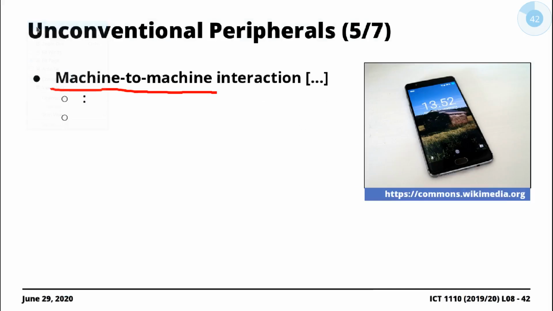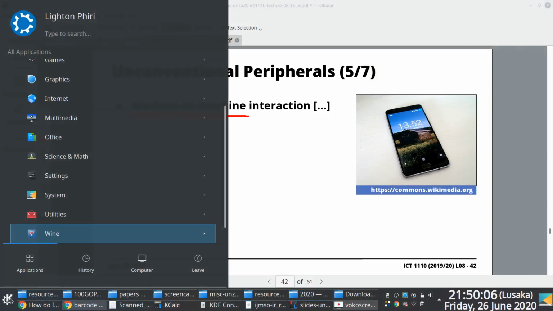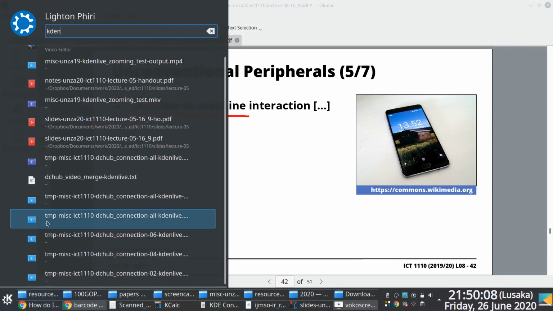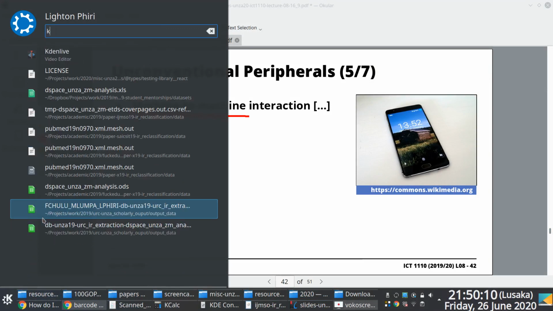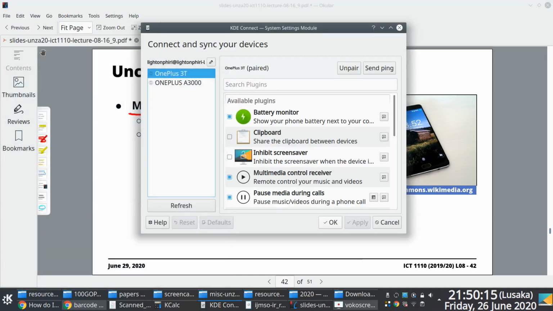And there's an example that I've perhaps been highlighting here, the fact that I can connect my computer. I can connect my KDE Connect, that I can connect my phone, or I can use my phone as a mouse, right?